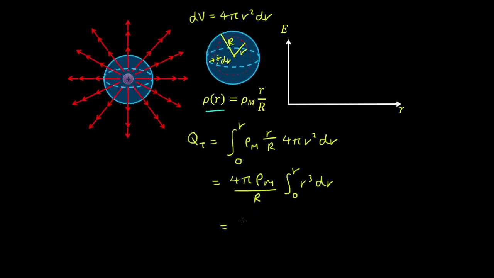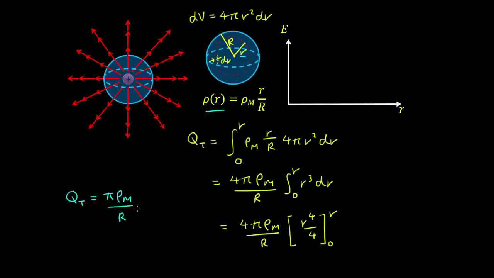So what we get is 4 pi rho m on r by r to the 4 on 4, evaluated from naught to r. So effectively the total charge inside this sphere with the radius of r is pi rho m on r by r to the 4, where these 4's cancelled.